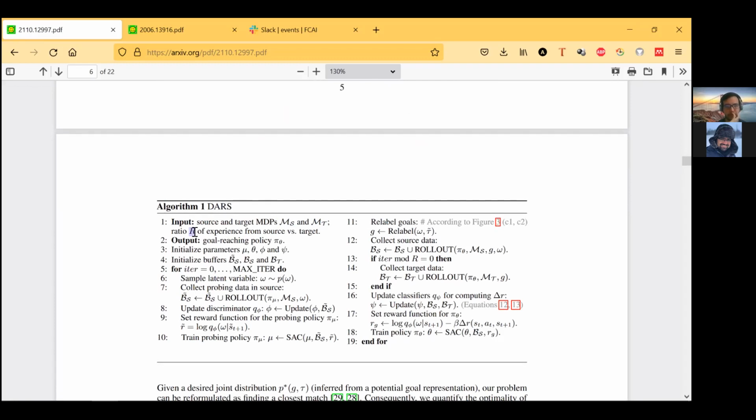It tells you the ratio between source and target, so how many samples you get from the source and how many from the target. I think in the experiment, they get 1 trajectory from the target for every 10 trajectories from the source or something like that.